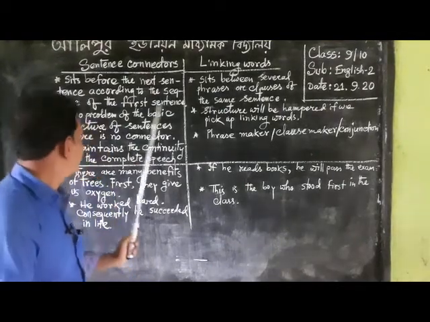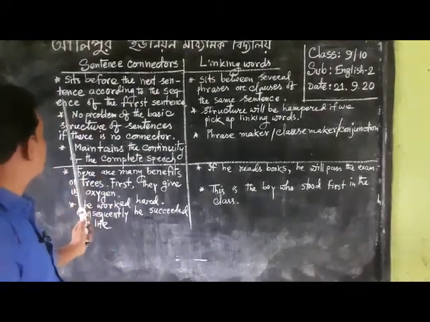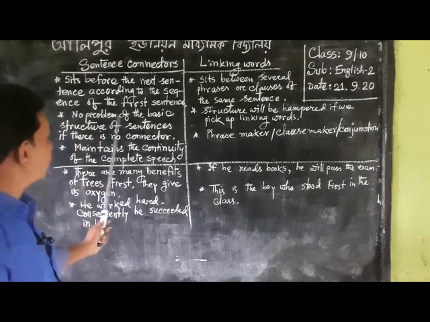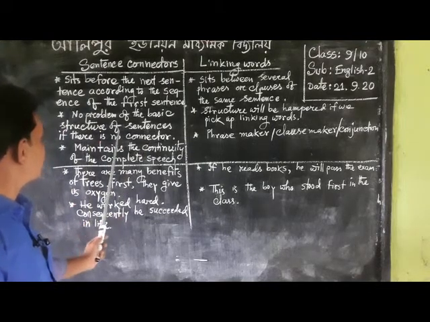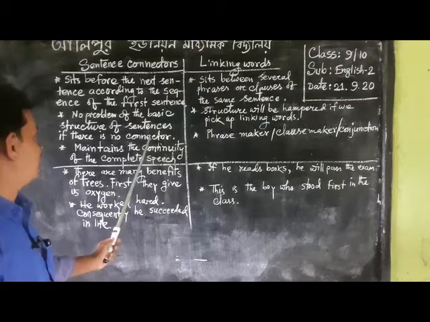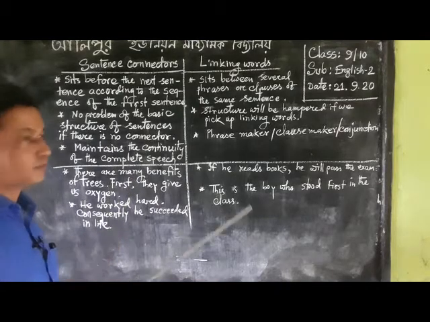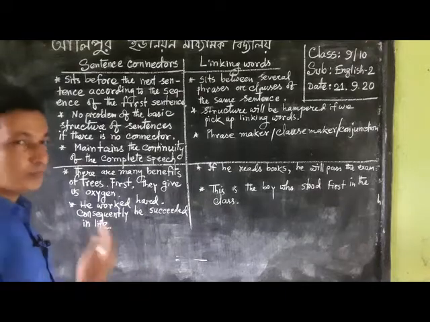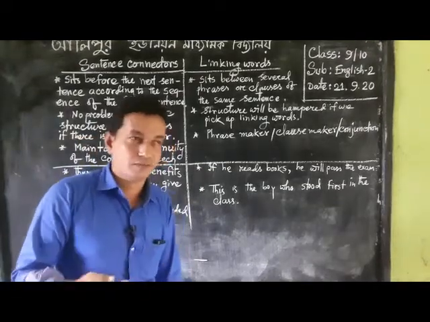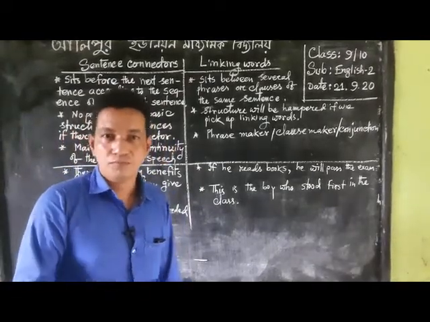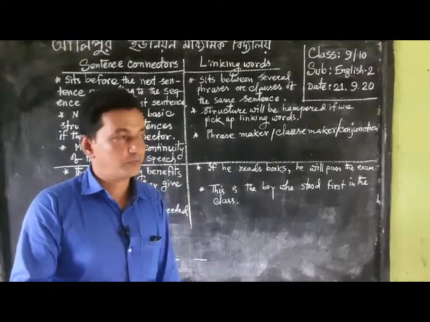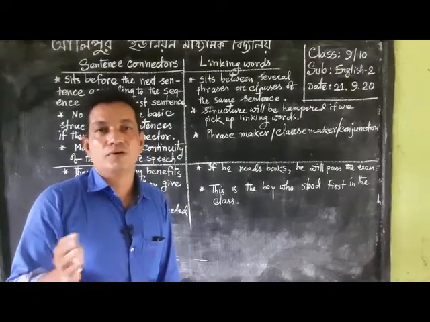Okay, dear learners. And the next feature is no problem with the basic structure of sentences if there is no connector, because there will be no destruction of the forms of the sentences if there is no connector.